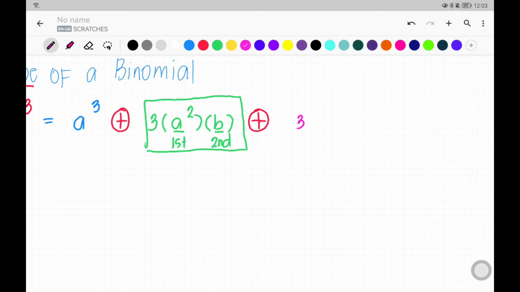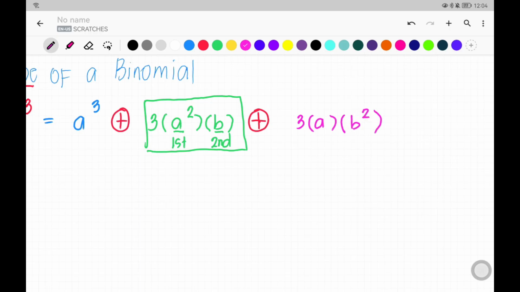Thrice the product of the first term and the square of the second term. So, 3 times A, and then, times, kunin natin yung square ng B.